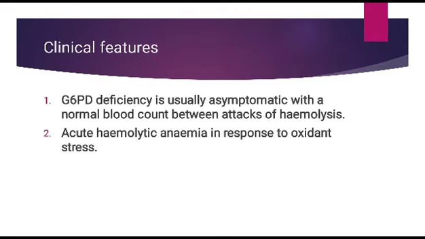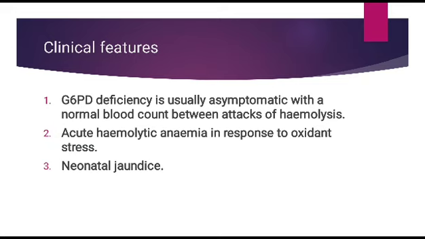So acute hemolysis and anemia in response to oxidant stress can occur in these patients, but it's not found all through the time, only in response to oxidant stresses. In between the oxidant stresses, there is no abnormality, there is no anemia.